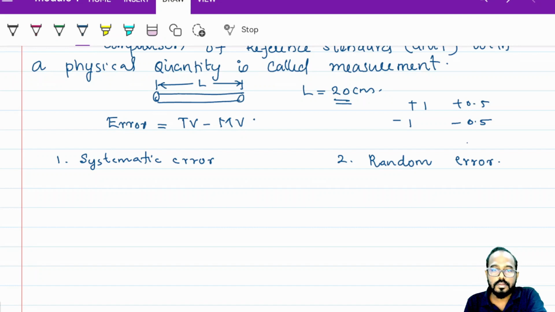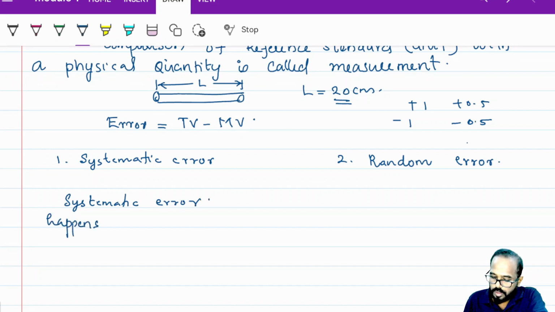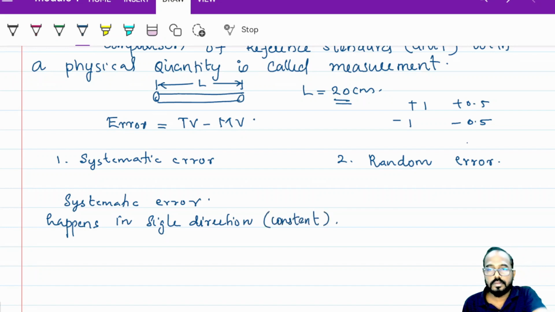So you can say that the systematic error happens in a single direction and it is constant.